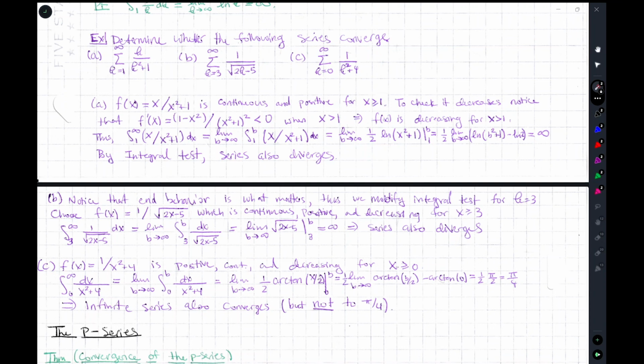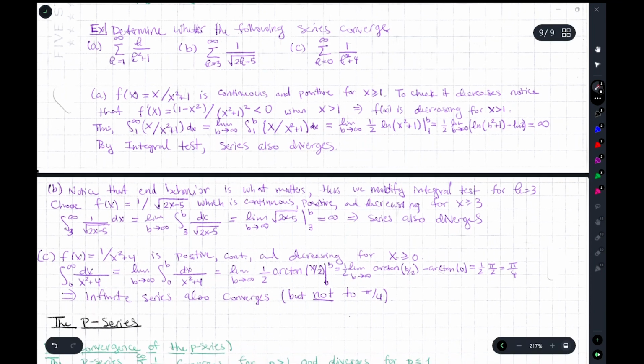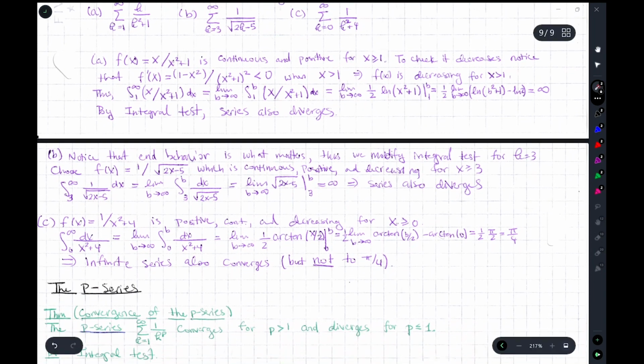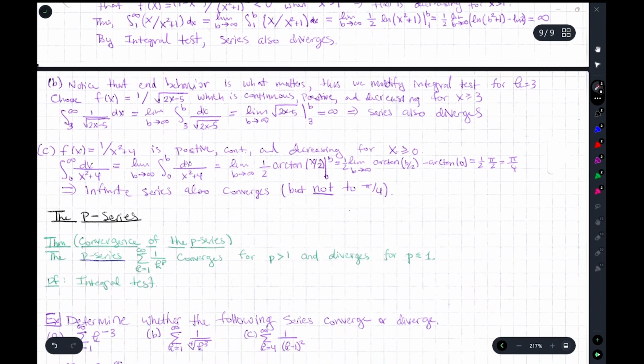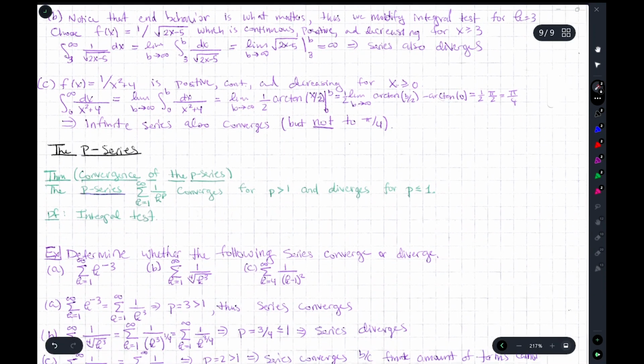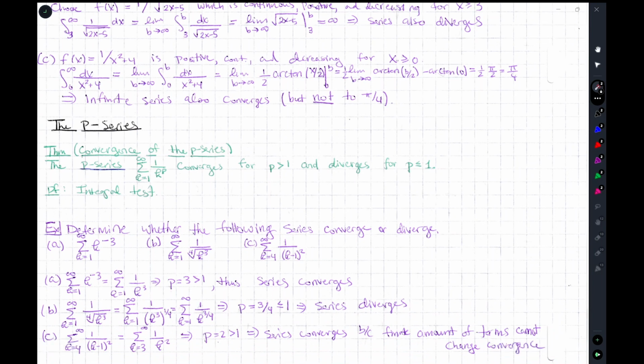So you might have noticed that 1 over k will diverge, and 1 over k squared will converge, so it's important to find that dividing line. And so we have this theorem, and these are called the p-series. When you have 1 over k to the p, these are called the p-series.